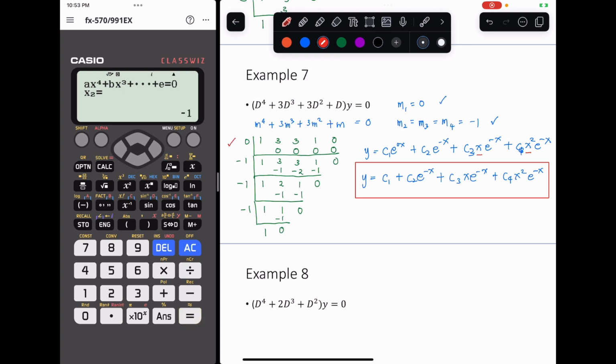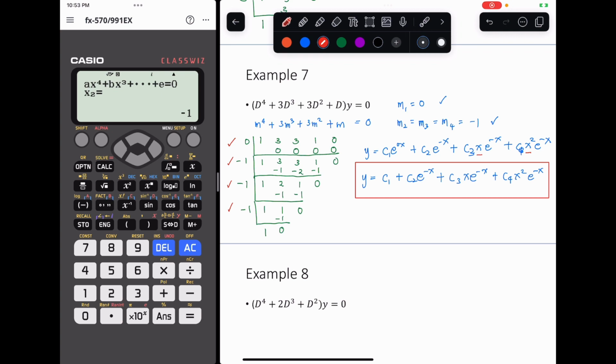And we have negative 1. And since that is repeated, the last 2 would be negative 1 as well. So again, you can see that x sub 1 is 0 on the calculator, so that's the first root. The second root is negative 1.